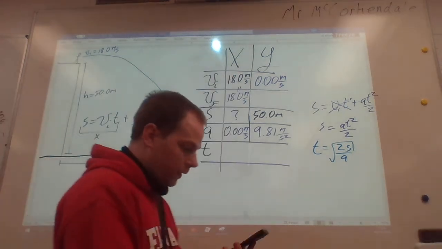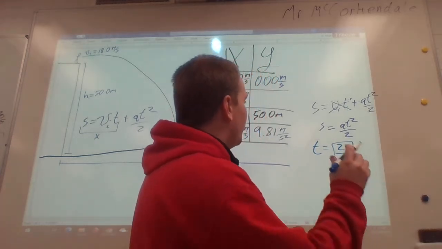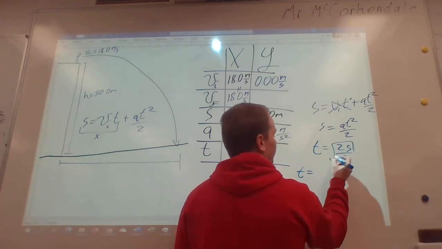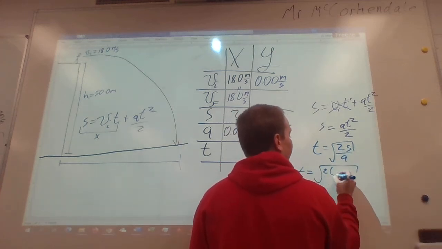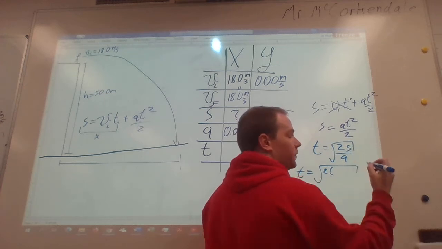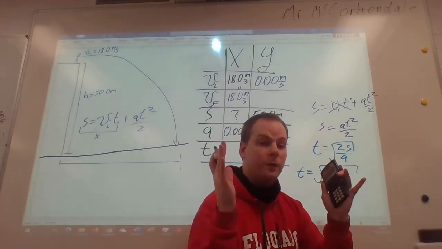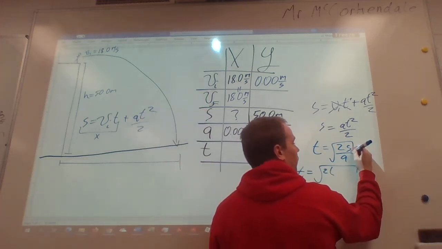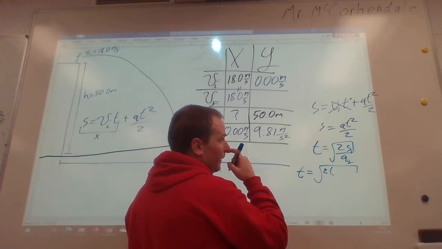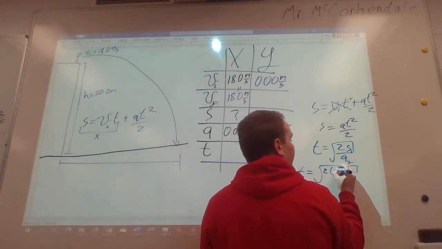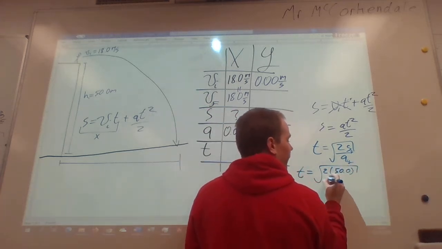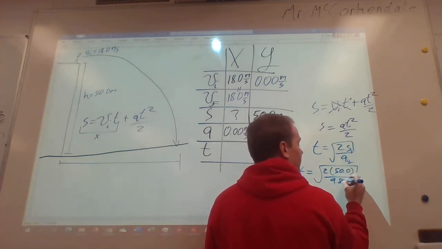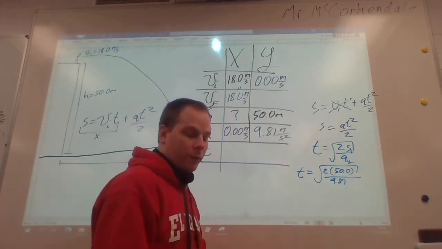Got it. Okay. So first thing we need to do is plug in our numbers. So T equals the square root of 2 times S. Now this is S in what dimension? It's S in Y. We're doing a problem in Y, so I'm actually going to add a Y to these. So that is 2 times 50.0 divided by the acceleration in Y, which is 9.81, and then the square root of all that.